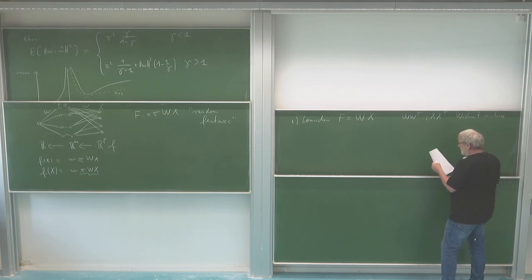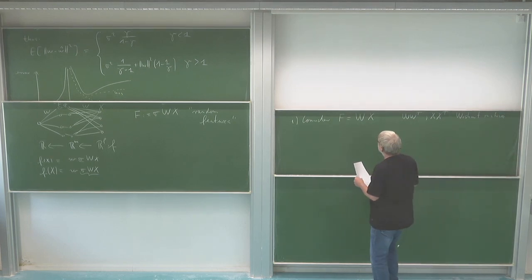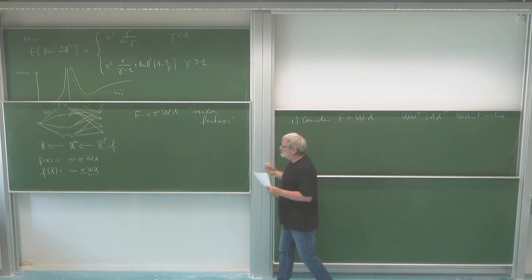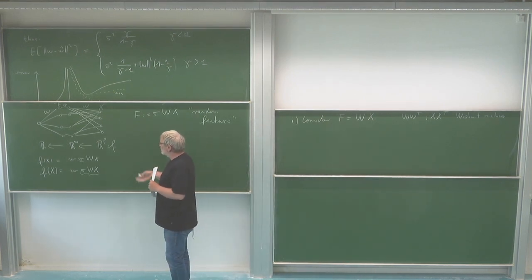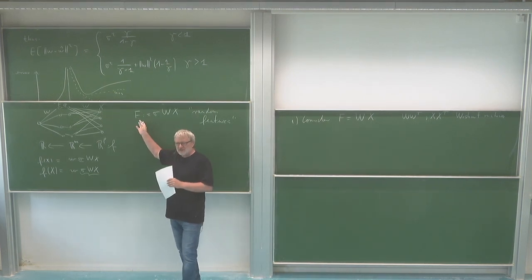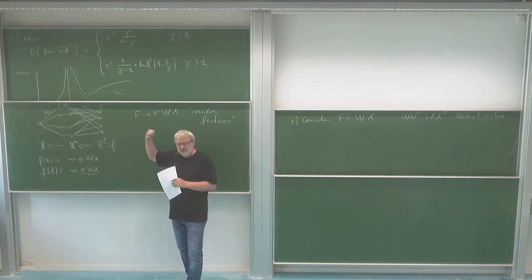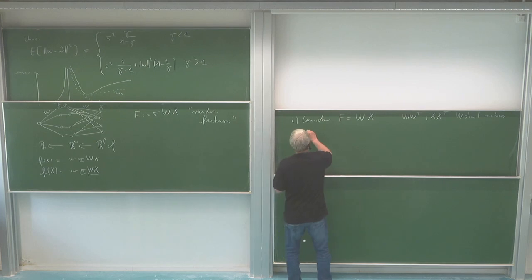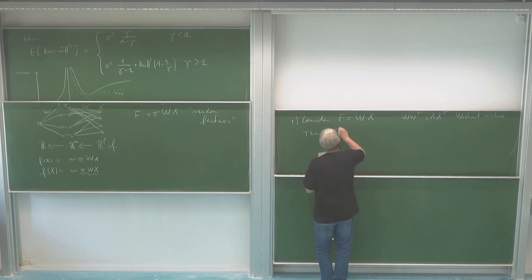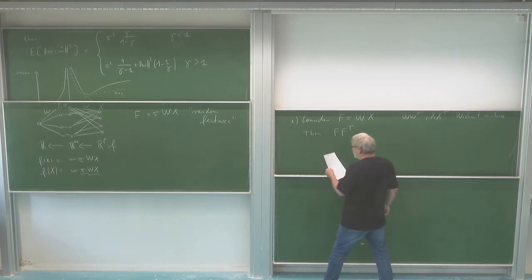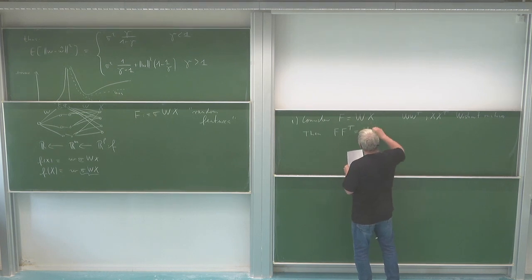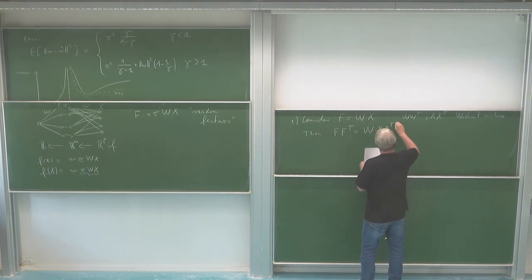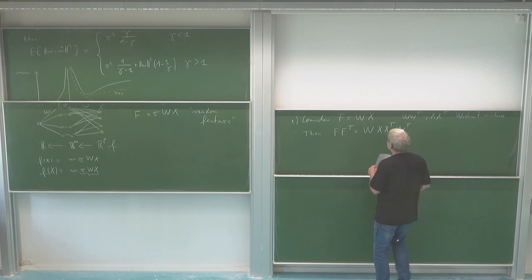But now I multiply them. And so what I would have to understand, if I do my linear regression, it's always the singular values of this f, or the eigenvalues of f times f transpose. So then what I would have to understand is f times f transpose, which of course is w x transpose times w transpose.